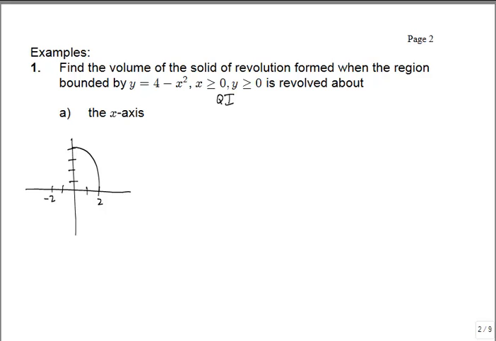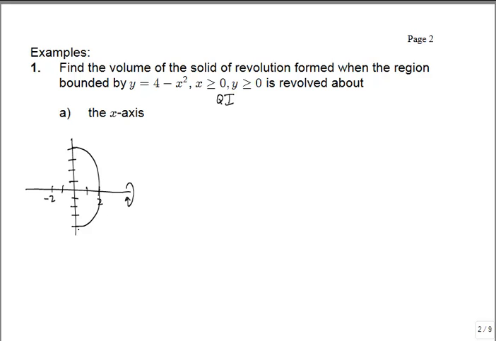Now what we're going to do with this is rotate it around the x-axis. So what I always recommend doing is first drawing in that mirror image. If I have this quadrant 1 little region and I flip that around the x-axis, then the mirror image down here is going to look like this.